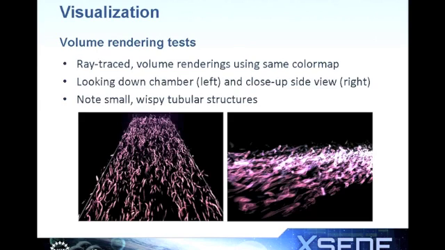And that allows us, when we volume render that, to start to see these structures. Again, we're just looking at what we saw using that color map from the previous slide, doing a volume render with no lighting here, just getting a sense of trying to identify this. And so we're starting to see, again, these wispy tubular structures. We're looking down the chamber here, and then a close-up on the side.